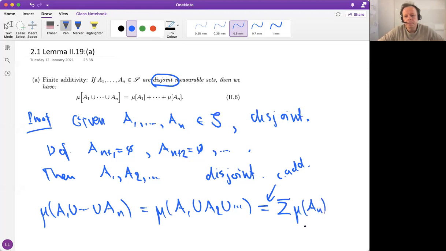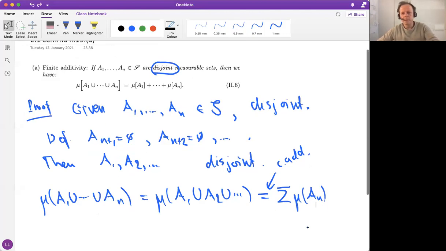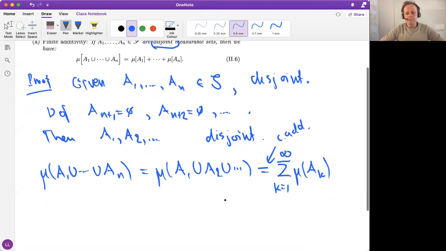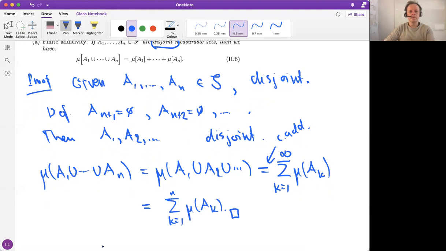Since n is fixed, we need a different summing index, let's call it k. Because the sets from n plus 1 onwards are empty sets, these measures are 0. So we only have the sum for k from 1 up to n of mu(A_k). And this was what we wanted to prove. So that's the proof of part A.